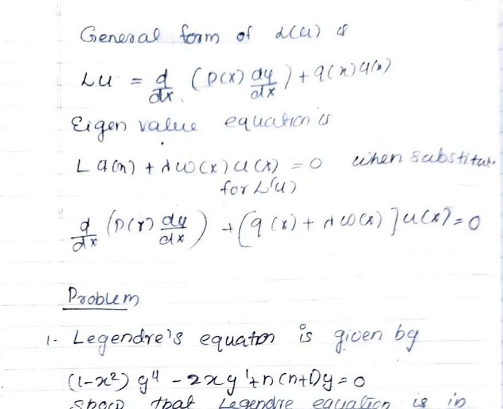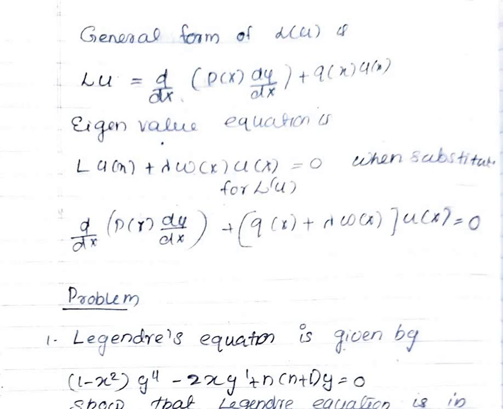Now we substitute for L of u from this equation. Then you will get d by dx of p of x du by dx plus q of x u, and combining these two terms, q of x and lambda w of x, u of x is a common factor, so we can take it outside, and that is equal to 0.